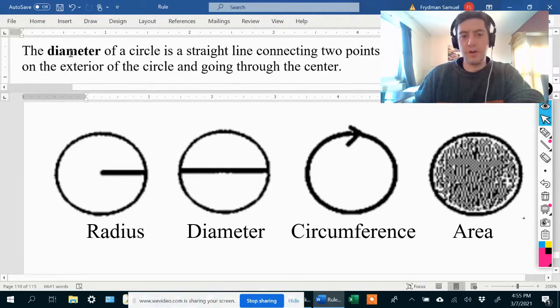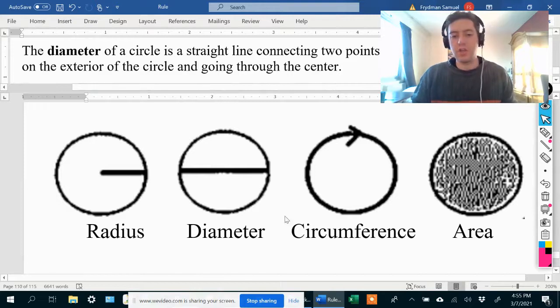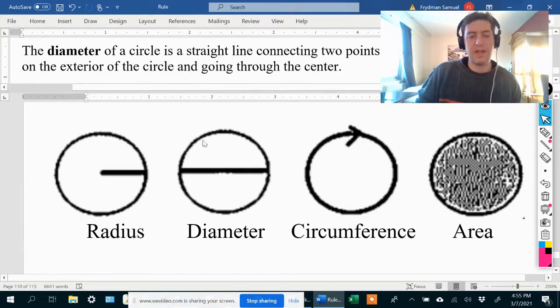Okay, so that's radius. And the next thing we're going to talk about is the diameter. So the diameter of a circle is a straight line connecting 2 points on the exterior of the circle and going through the center. So you can see that this right over here is a diameter of this circle. It is connecting 2 points, 1, 2, on the exterior of the circle and also passing through the center of the circle.